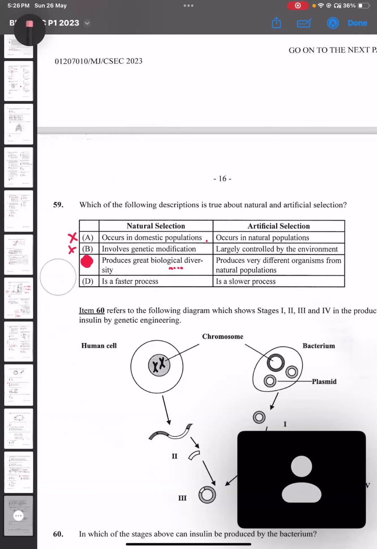So for instance, if you are supposed to compare varieties of peas or different crops grown by farmers to naturally occurring populations, we'll see that they are different because with the artificial one, they have chosen the genes or the traits that they want to see in the population, versus natural selection where it has a lot of diversity. You have some tall ones, you have some short ones, you have some not so nice ones compared to some nice ones. So C would be the most appropriate answer in this question.